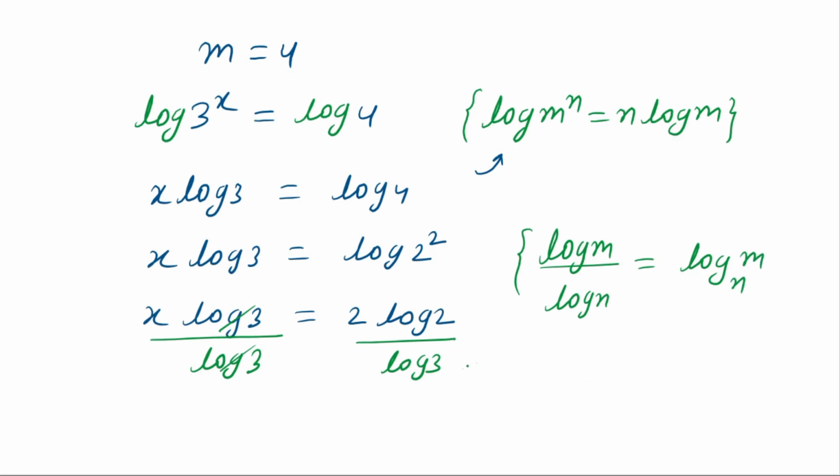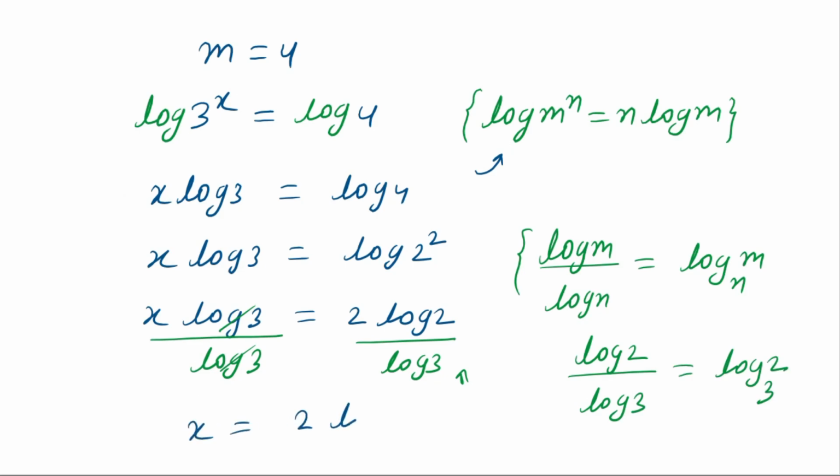Then you get log 2 over log 3 = log 2 with base 3. So on the left-hand side we have x = 2 times log 2 with base 3. So our value of x is 2 times log base 3 of 2.